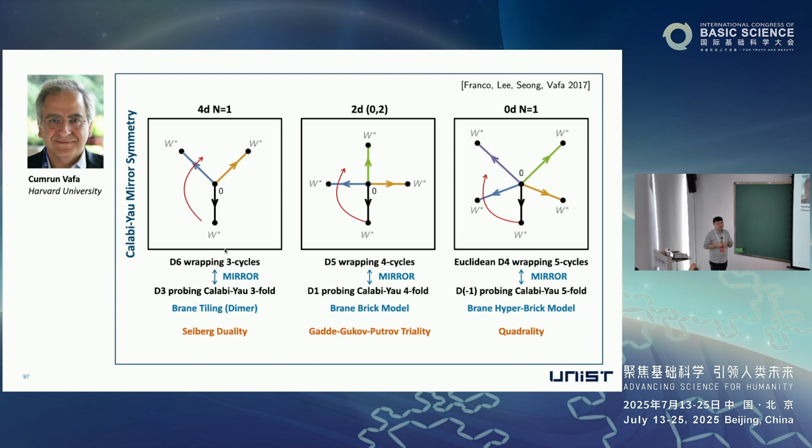And these transitions of branes wrapping these mirror curves are identified, in the case of toric Calabi-Yau threefolds, as Seiberg duality between 4D N=1 theories. In the case of 2D (0,2) theories, they are identified with triality by Gadde, Gukov, and Putrov. And in the case of Calabi-Yau fivefolds, they are identified with so-called quadrality between the theories.